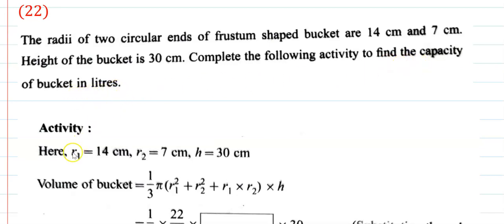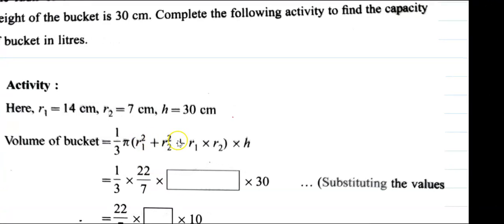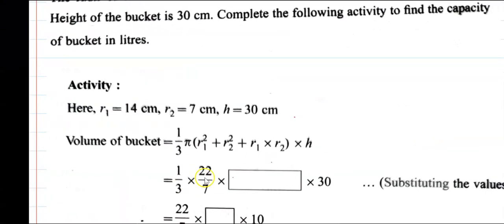Here R1 is 14 centimeter, R2 is 7 centimeter, H is 30 centimeter. Volume of bucket is 1 by 3 pi (R1 square plus R2 square plus R1 into R2) into H. 1 by 3, the value of pi is 22 upon 7, into, in brackets, R1 square, that is 14 square.